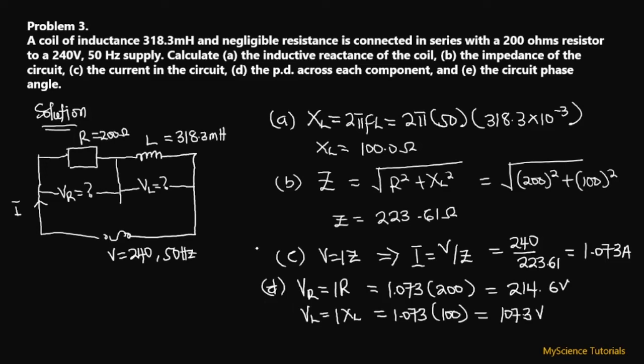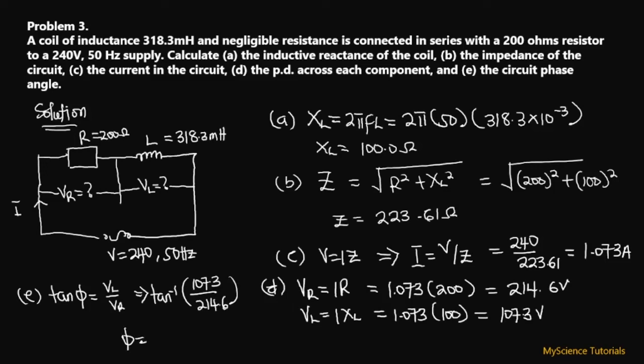All right, let's proceed to find the last aspect of this question, E, which is telling us to find the phase angle. So for the phase angle, we know tan of the phase angle is equal to VL over VR. We just found these two, so we know this is equal to the tan inverse of our VL, which is 107.3, over our VR, which is 214.6.